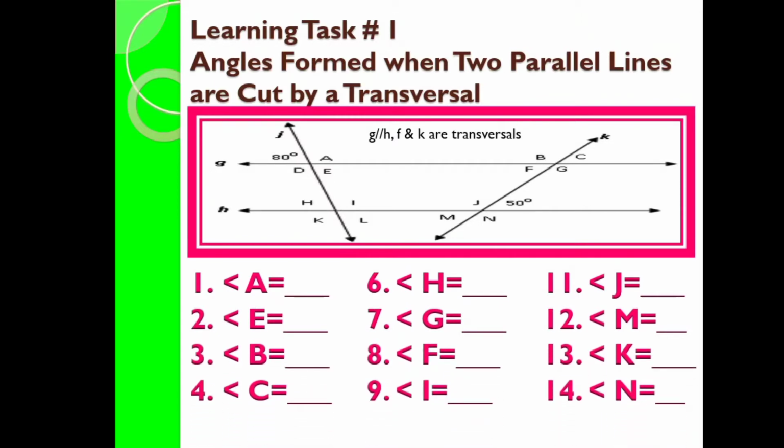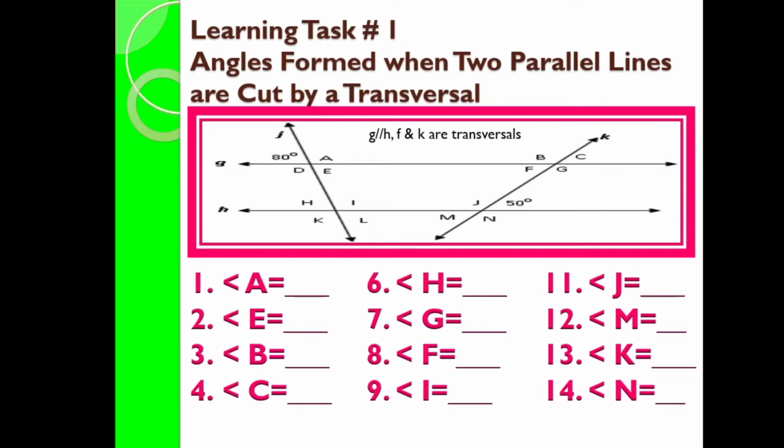Kindly consider the relationship of these angles, especially if they form a straight line or linear pair, vertical angles, supplementary angles. So your previous learning in our previous lesson will be very important in answering this learning task.